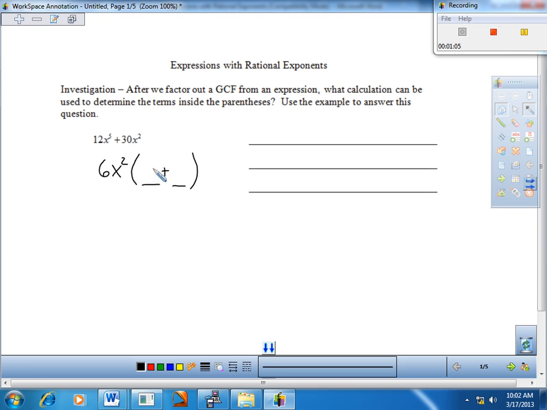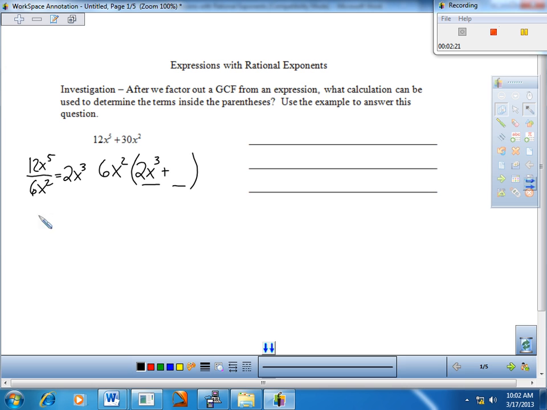So long story short, 12x to the 5th divided by 6x squared should tell me what I need to multiply this by. 12 divided by 6 is 2, hence 6 times 2 is 12. X to the 5th divided by x squared, of course, is x cubed, and same thing, this times this is that. And so with a little quick division, I got that piece.